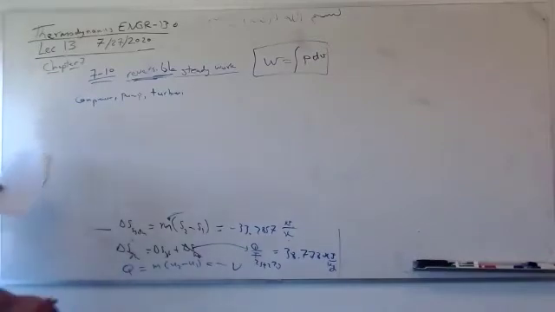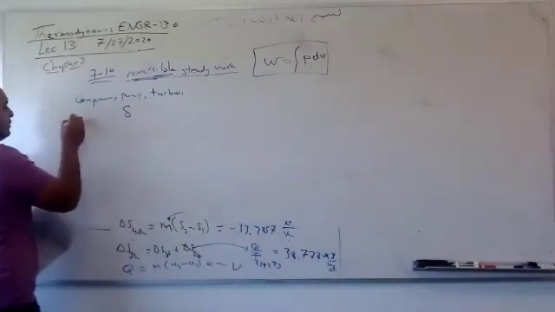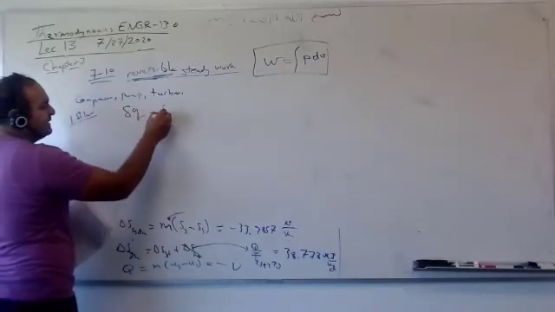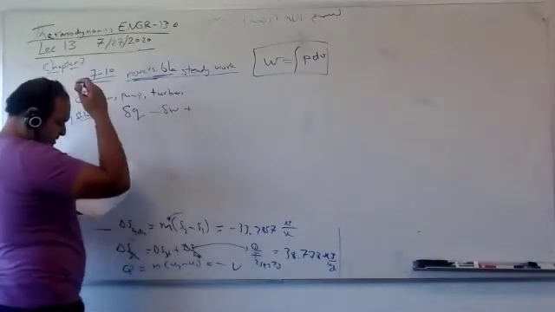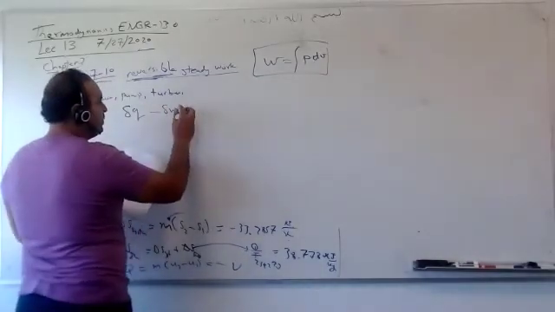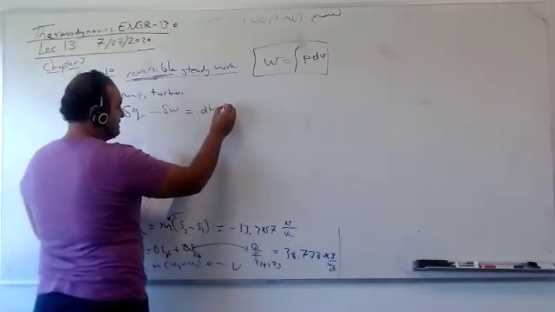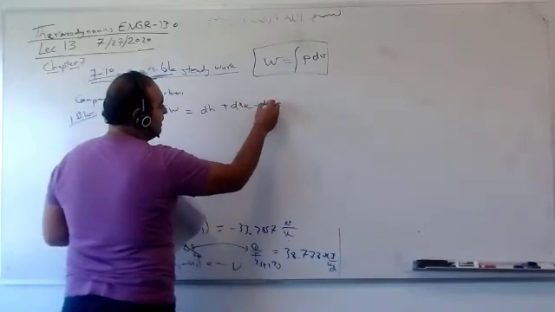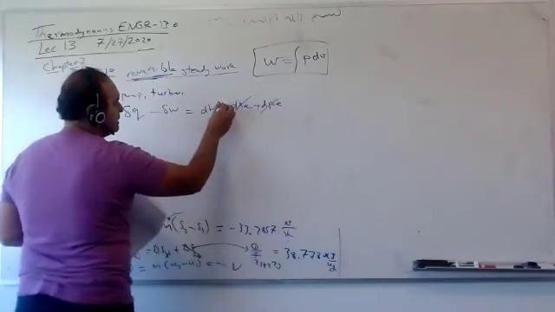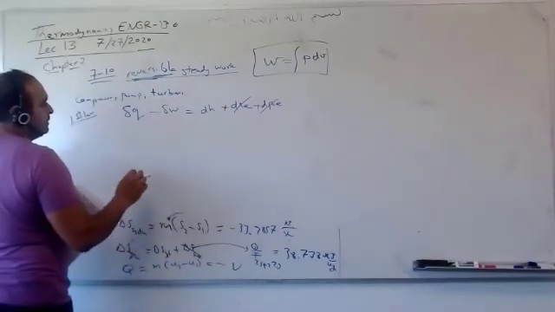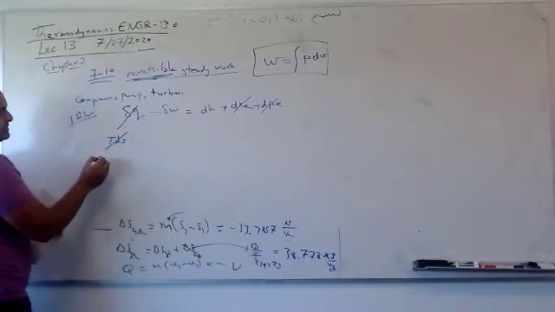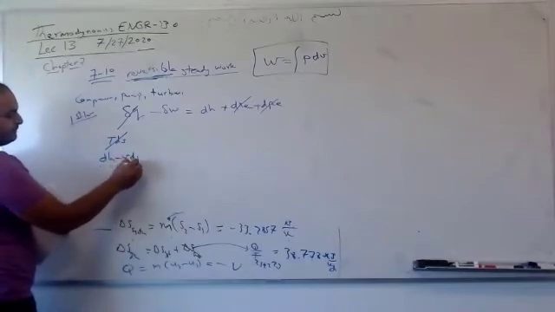Okay, the first law of thermodynamics for this open system, steady, is delta Q minus delta W equals delta H plus delta kinetic energy plus delta potential energy. For now, I neglect those, or they are constant. We have T delta S, which is delta H minus VdP.